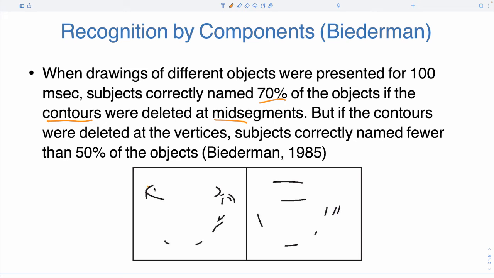So here we can see that we are still able to fill in and recognize the shape of this cup very easily, even when most of the object is not visible. Here, without those corners, we're not able to do that.